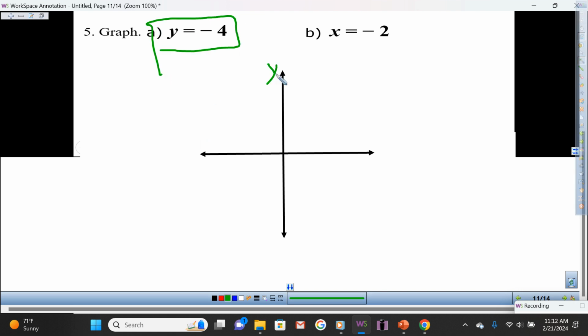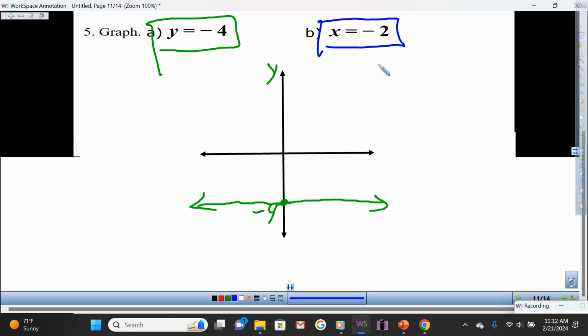That means I go to the y-axis, look for -4, which is down here, plot my point, and graph my straight line through that. Which means if I go to x equals -2, I go to the x-axis, go to -2, which is over here, plot your point, and a line going through -2. Hands if you got something like that. All right, send that in, please.